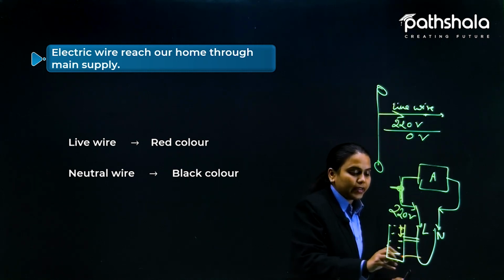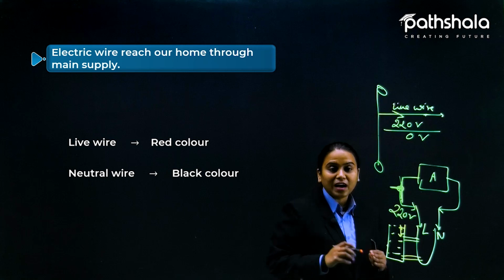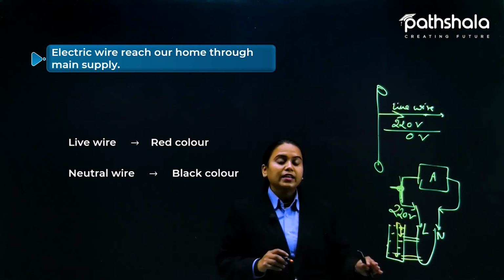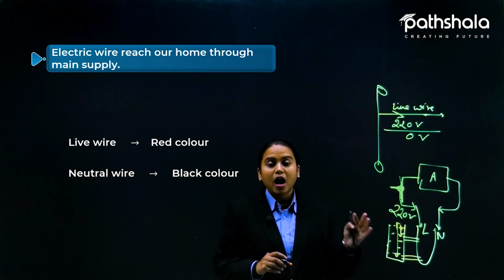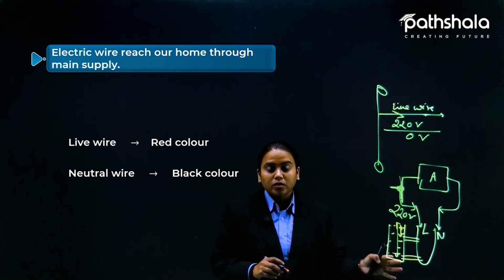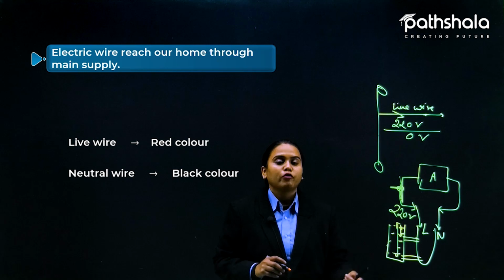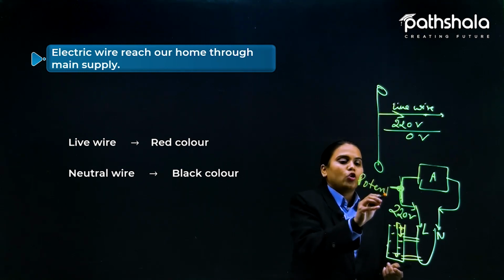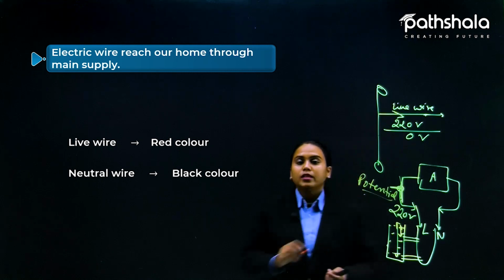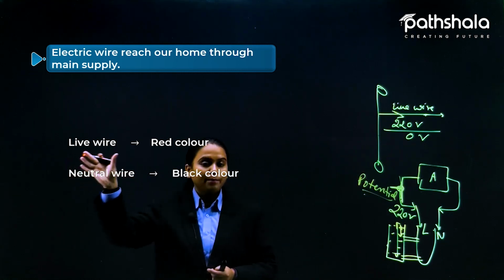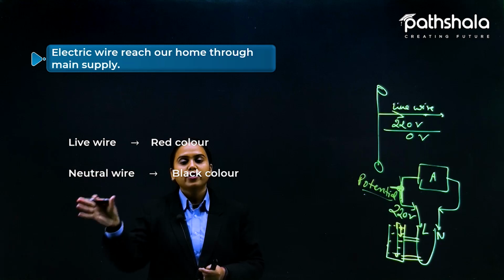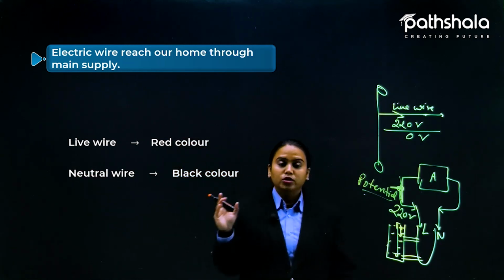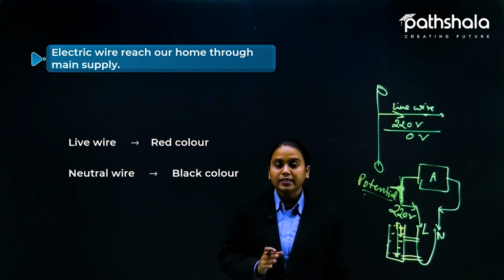But if we connect it from here to here, now it has a lot of pressure. That gives you the idea of how pressure works, and that pressure in terms of electricity is known as the potential. So here the live wire has a high potential, that is 220 volt, and the neutral wire does not have any sort of potential energy, just to keep the potential difference equal.